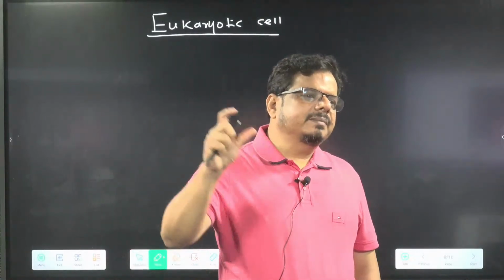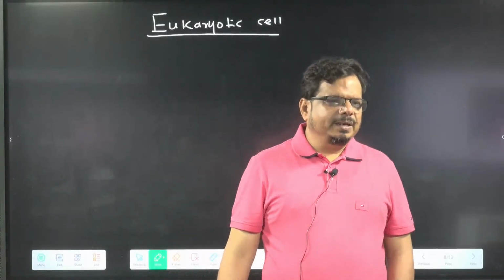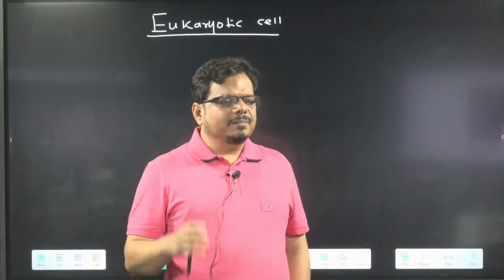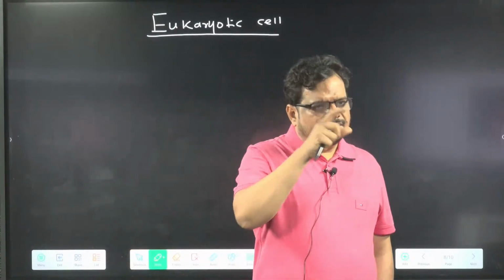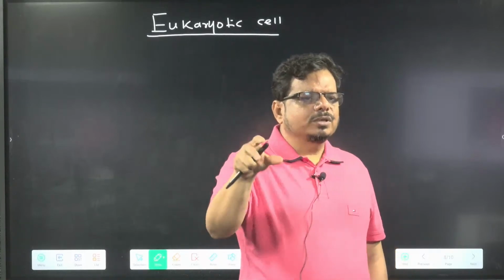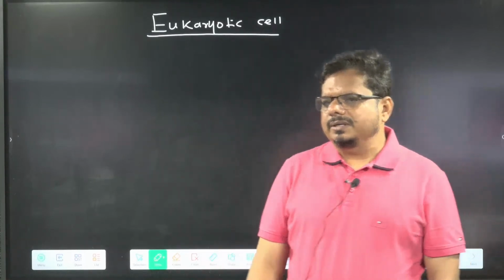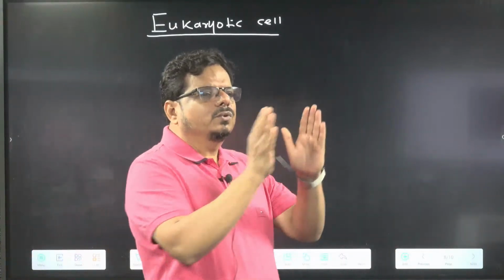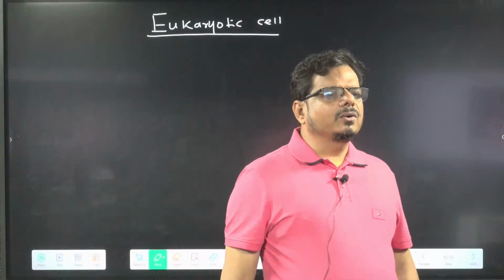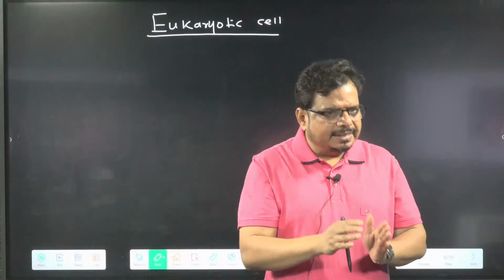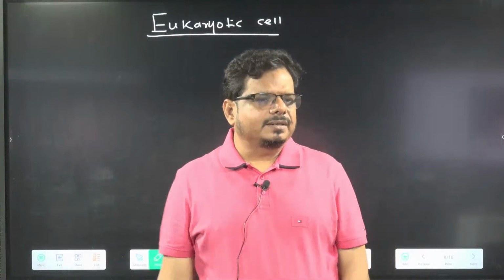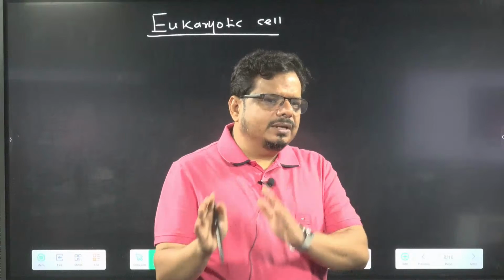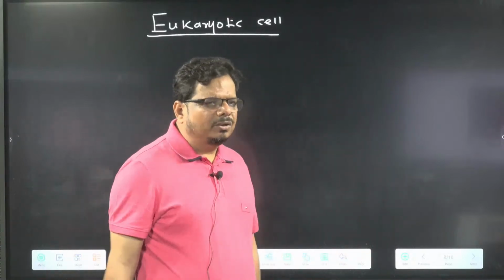One is compartmentalization, which I already explained: the cell is divided into small compartments due to the presence of cell organelles. In the eukaryotic cell, DNA is organized into chromosomes. Cytoskeletal structures are present, which are not present in the prokaryotic cell. And a well-organized nucleus is present. Is it all right? I already told that.